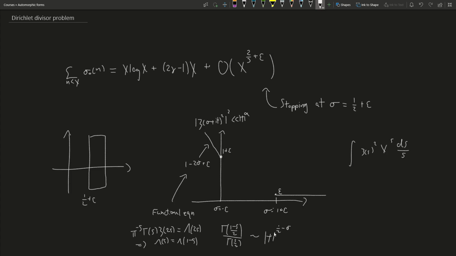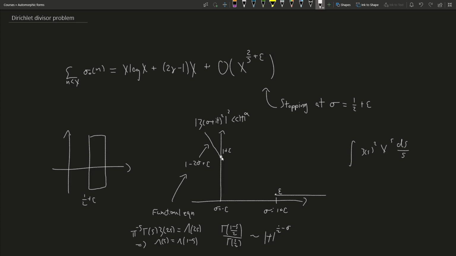So it's going to grow like this when you use Stirling's formula, and you know when the real part of s is greater than 1 that the zeta function has no growth on vertical lines because, again, it's just a series. So this tells you the growth over here, and that's why when you square it, you get the square of this.